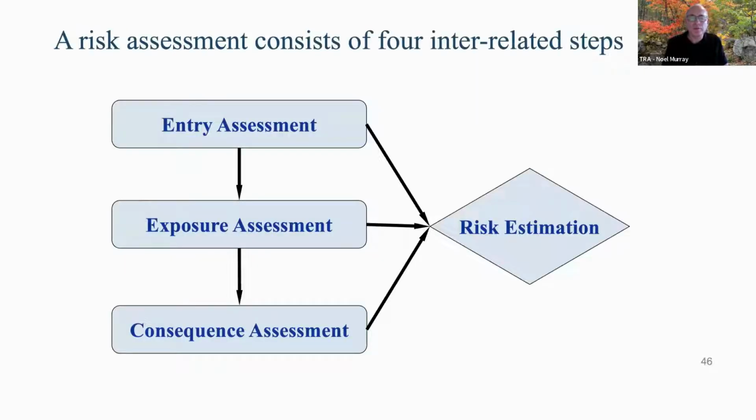So there are 4 interrelated steps in our risk assessment: entry assessment, followed by exposure assessment and consequence assessment, and the results of these different assessments are then brought together to enable us to provide an overall summary of the risk in our risk estimation step.